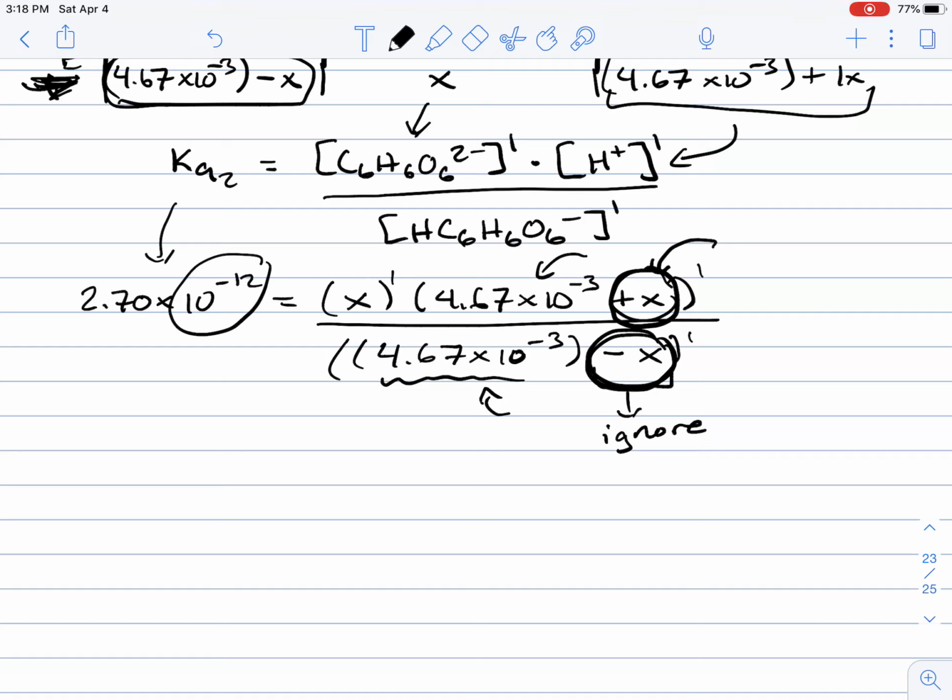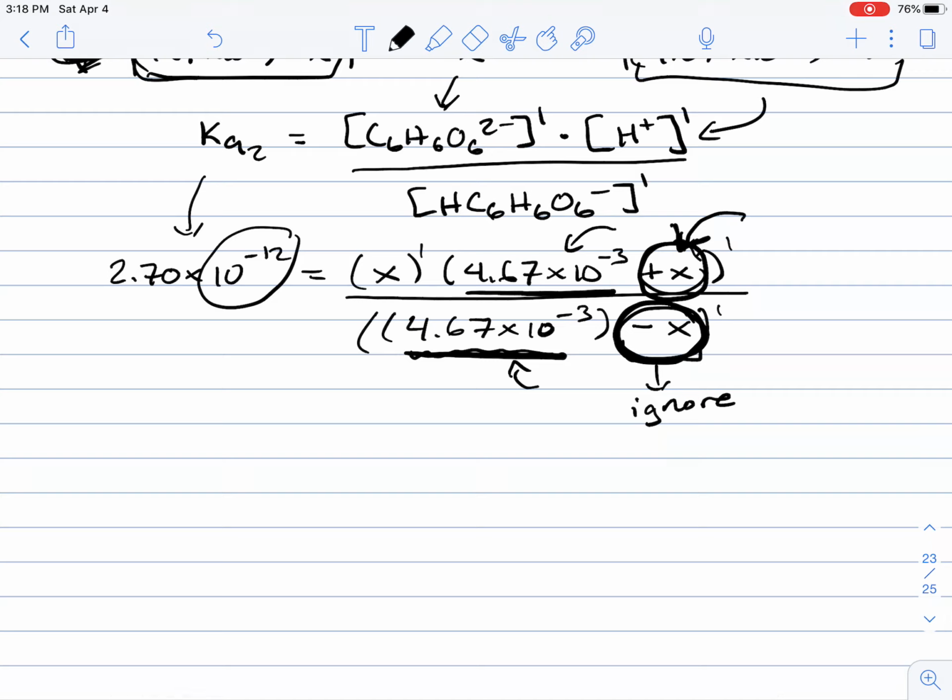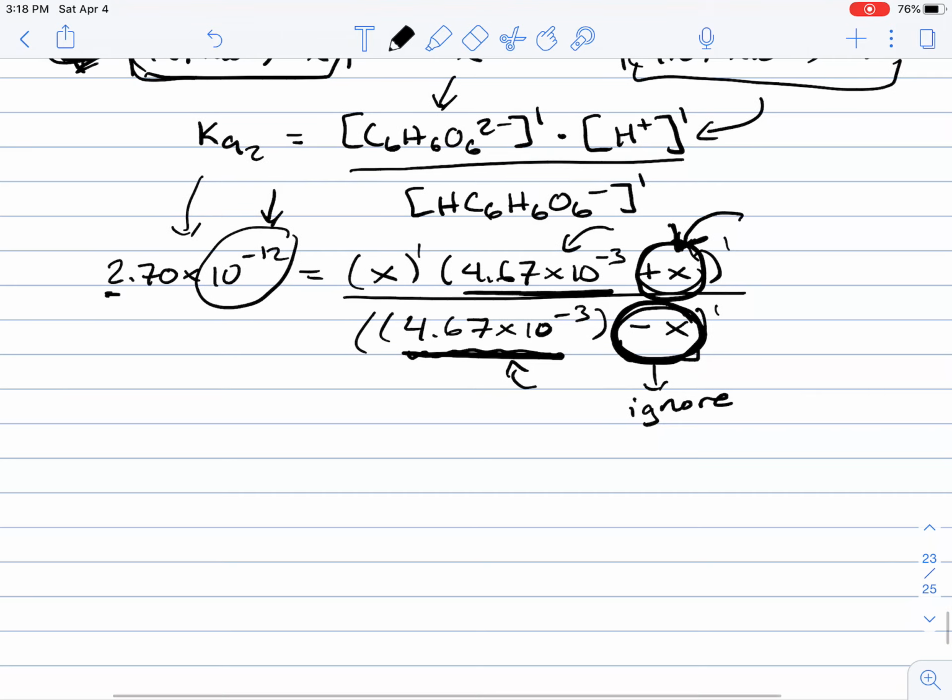This is basically saying that the addition of this change will not significantly affect this value, and the value of this change is not going to significantly affect that value. The reason why is because the Ka value is times 10 to the negative 12. That's 11 zeros before you hit the first significant digit, which is 2.